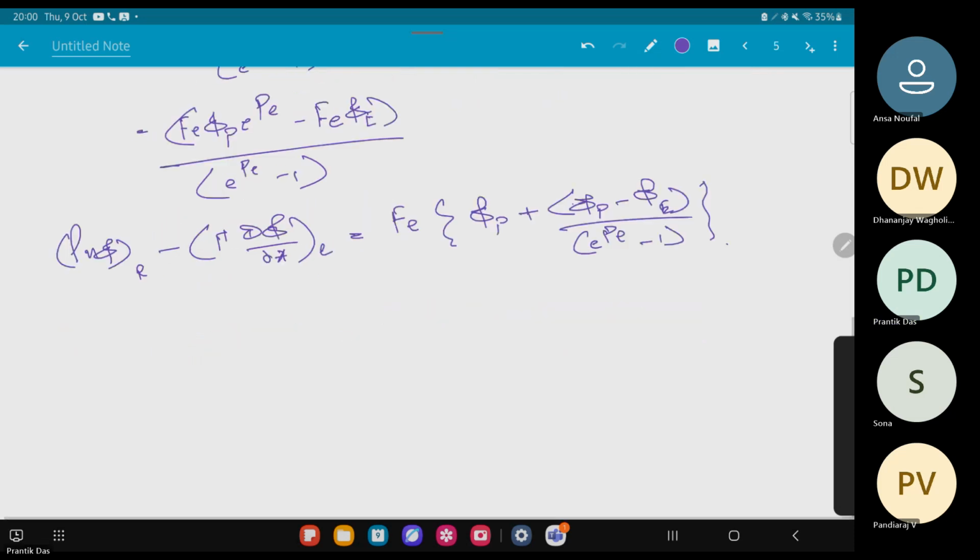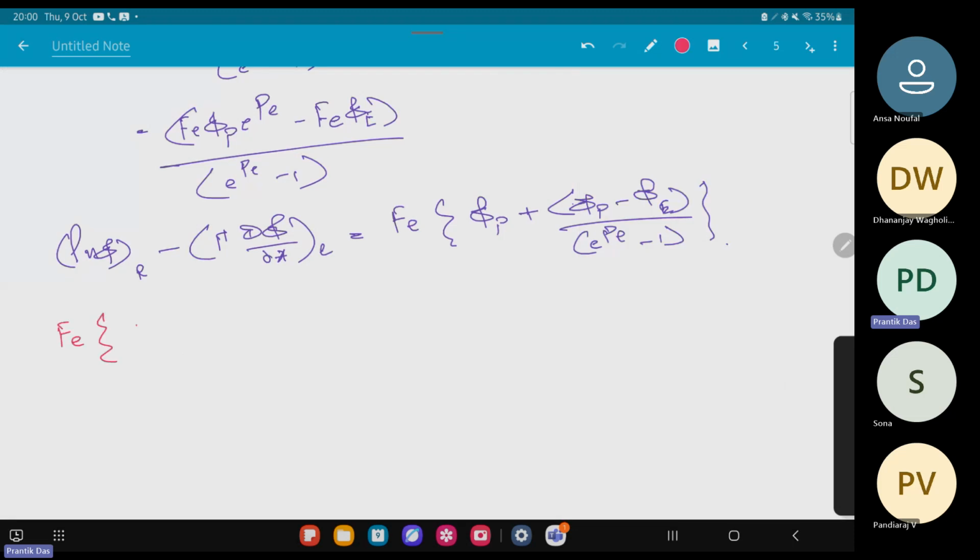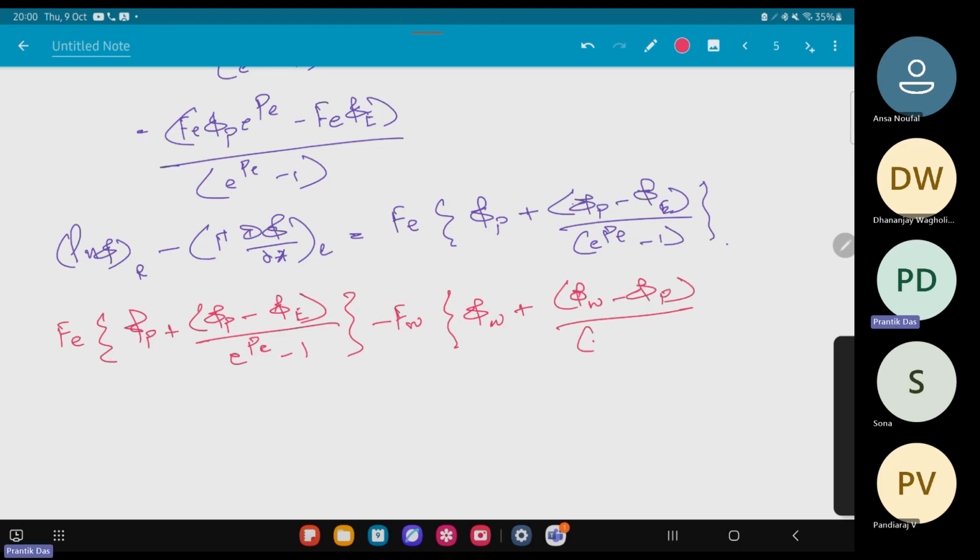Since we already know that we have to do this kind of thing for the west face also, similarly if we derive it, it will be Fe phi p plus (phi p minus phi e) divided by exponential of Peclet number minus 1, minus Fw phi w plus (phi w minus phi p) divided by exponential of Pw minus 1, equal to 0. Therefore, this can be further rearranged.